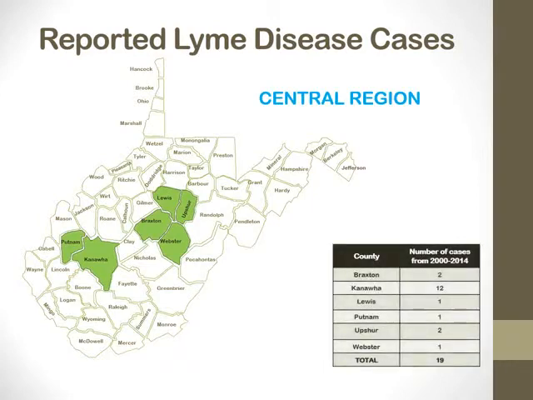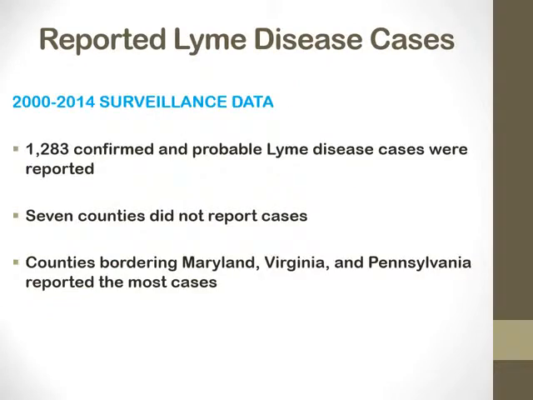In the Central region, Kanawha County had the most cases of the 6 counties in this region. Most of these are likely due to travel-associated infections, but it's not unlikely that there are infected tick populations in Kanawha County. So to summarize, there were 1,283 confirmed and probable Lyme disease cases reported during the 15 years.